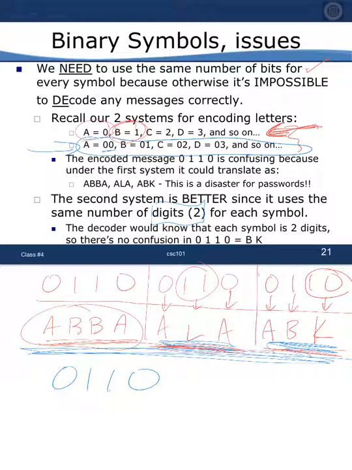No. In my blue system, everybody gets 2 digits. So I know those go together and those go together, and then it's just a matter of looking it up. 01 is my code for B, and 10, the 10th letter of the alphabet, is K. So I was really sending the message BK, and everybody in the second system would write down BK.